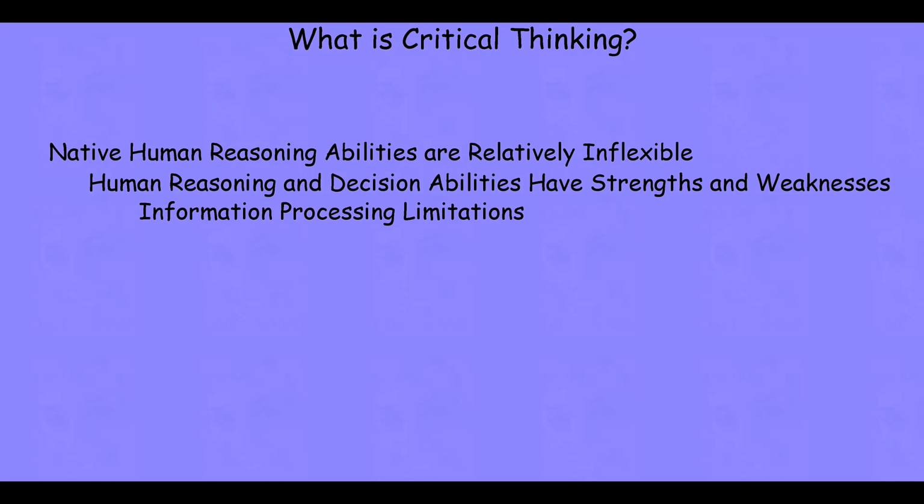And one of the weaknesses of human reasoning and decision abilities is just that they are automatic and unconscious. That is, we process a lot of information unconsciously, outside of our awareness, and maybe semi-consciously, just barely parts of them coming into our awareness.